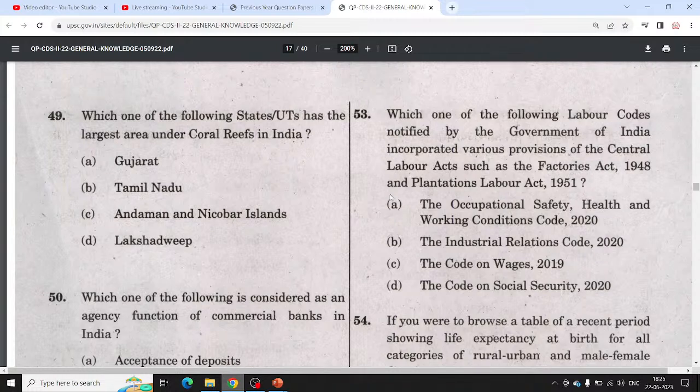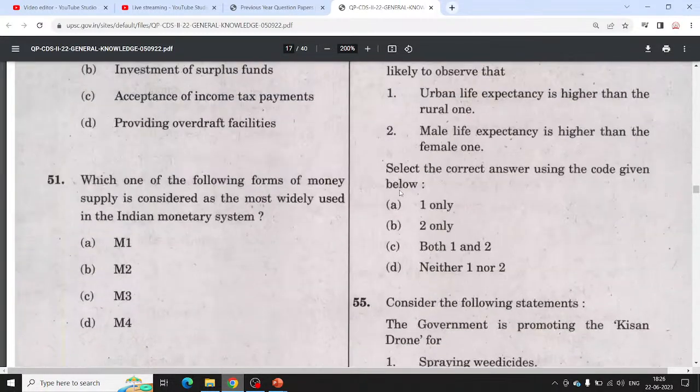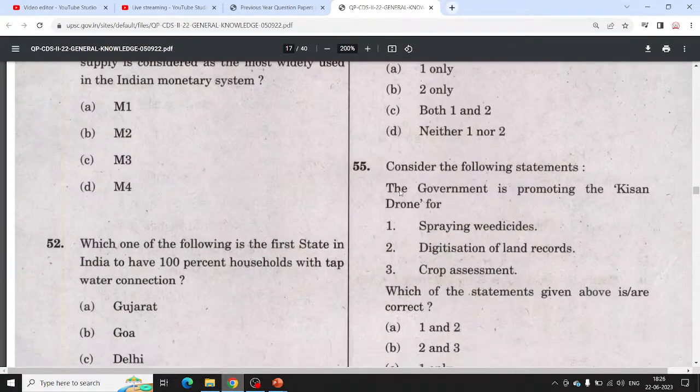Why? Because the person who made the mistake will feel that people laughed at me, but today I will do it correctly. The other students will remember that one boy was insulted in class, so this is the correct answer. That's the reason I'm telling you, make mistakes in this class so that you will not make mistakes in the exam. Next I'll show you, so many things are there. This is economics.